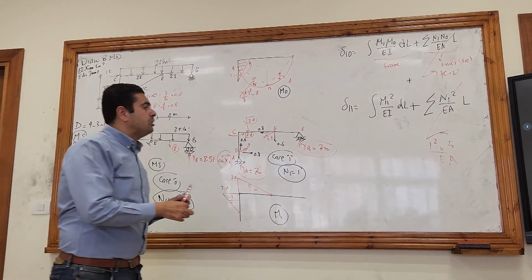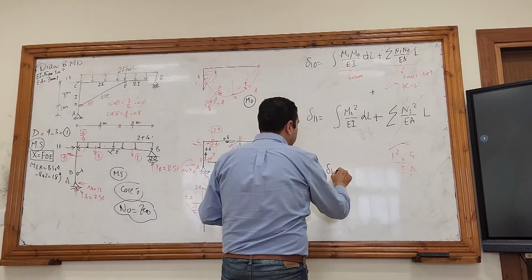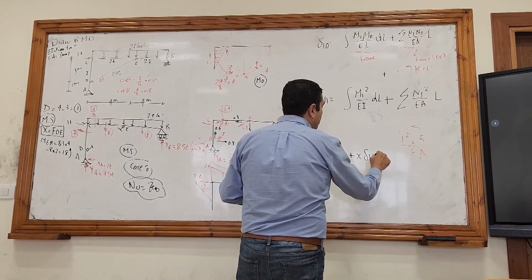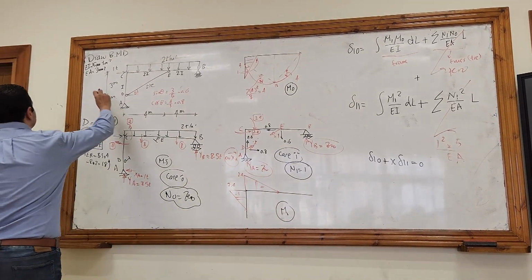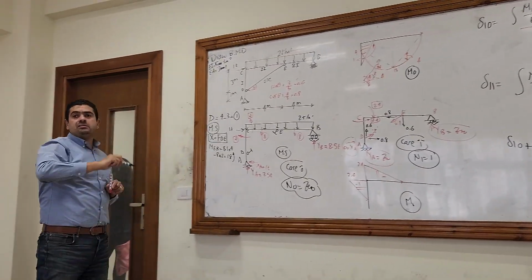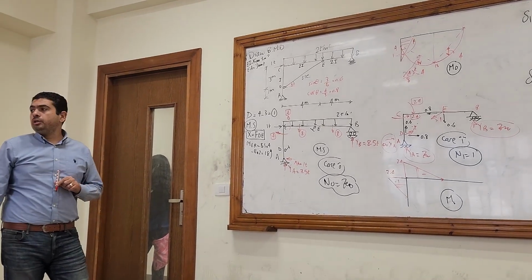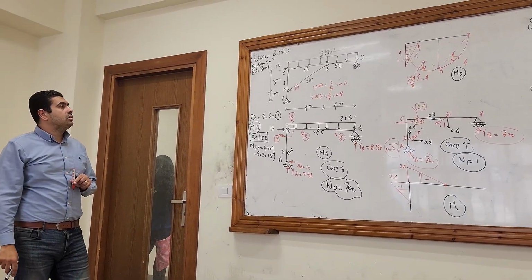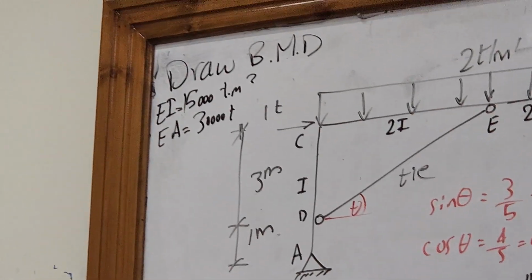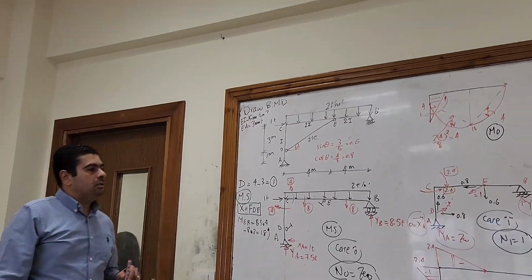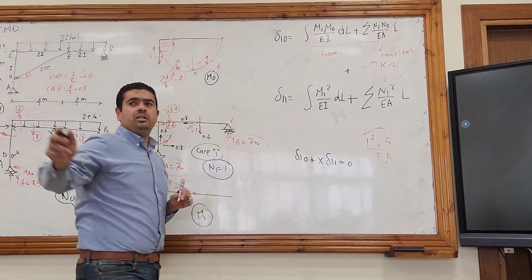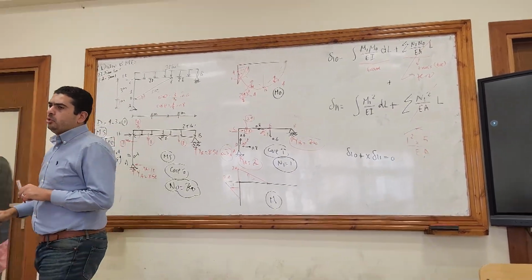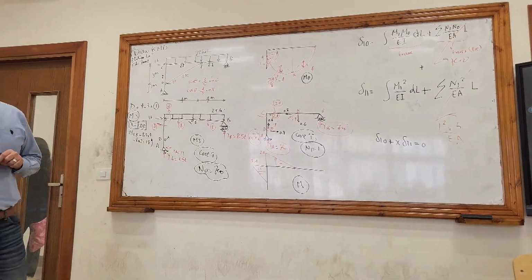And what will be the condition? Delta 1 node plus X delta 1,1 equals 0. Here it's given that EI is 15,000 ton meter square and EA is 30,000 ton. So take care, it's not EI here and EA here, so you can remove EI from both sides because the right hand side equals 0.